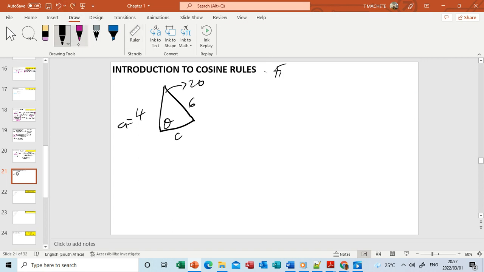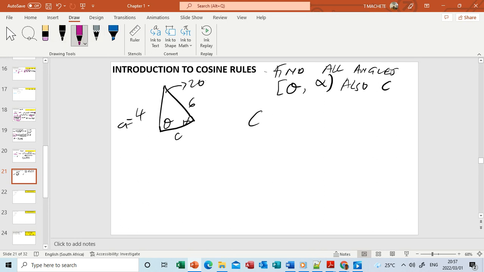They say find all angles. So you need to find theta and alpha, because you're given the other angle. Then you also need to find side C. So the first thing that you do is find side C.